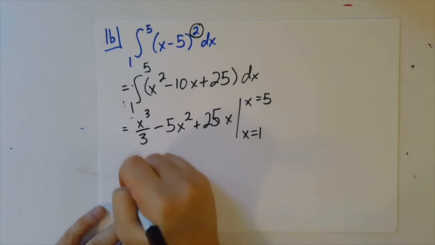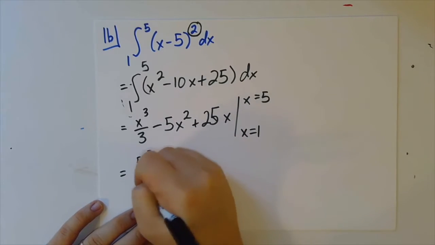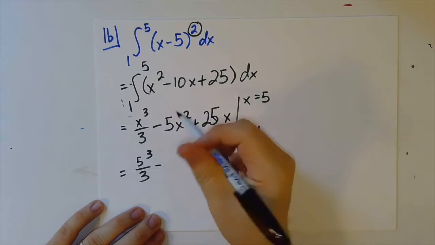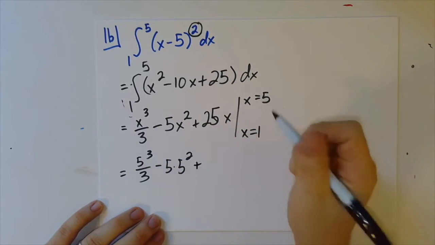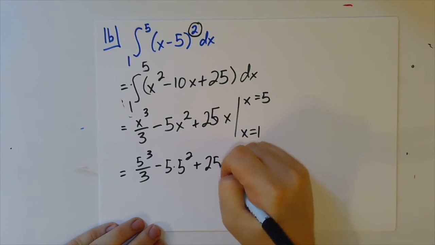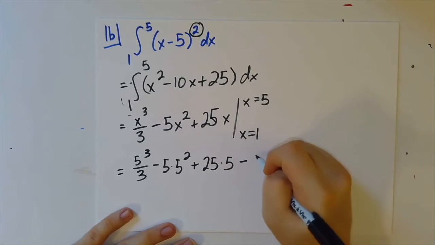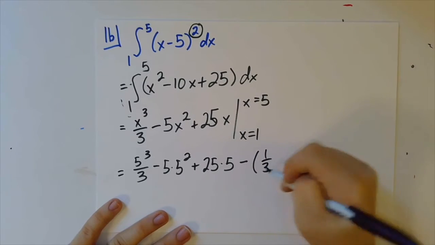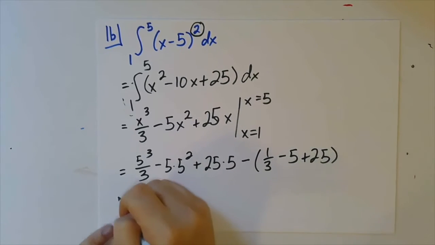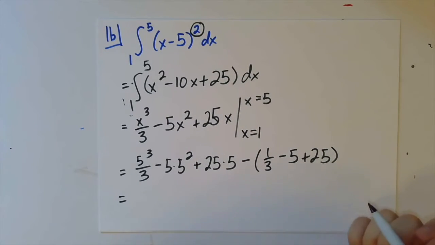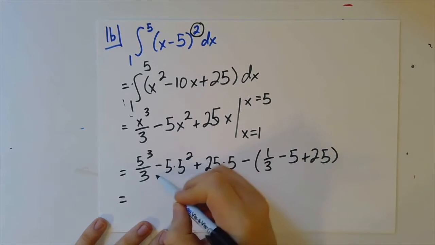So this is now going to be, and this is going to be a little bit messy, 5 cubed over 3 minus 5 times 5 squared plus 25 times 5, minus, and then 1/3 minus 5 plus 25. Okay, now I want to notice before I go any further, this is 5 cubed and that's 5 cubed, so these two cancel.